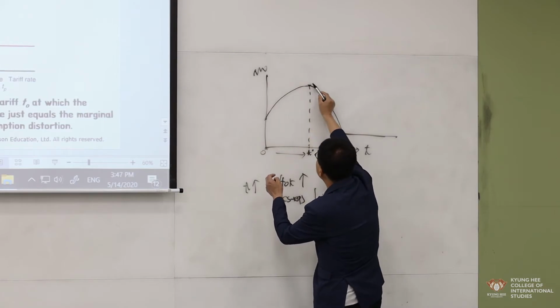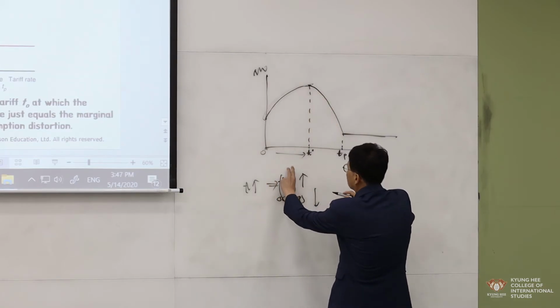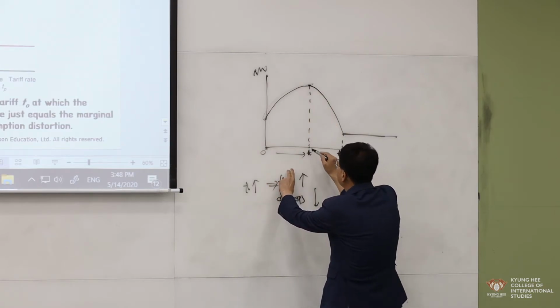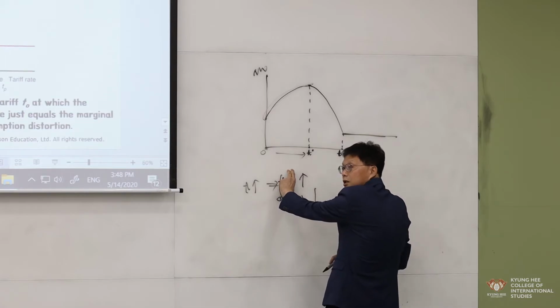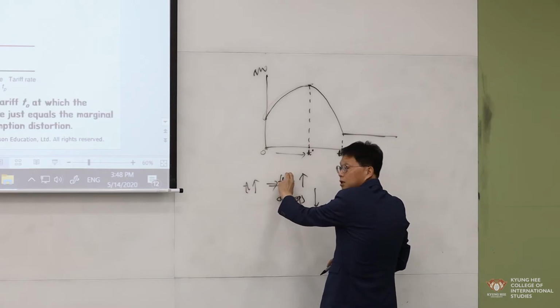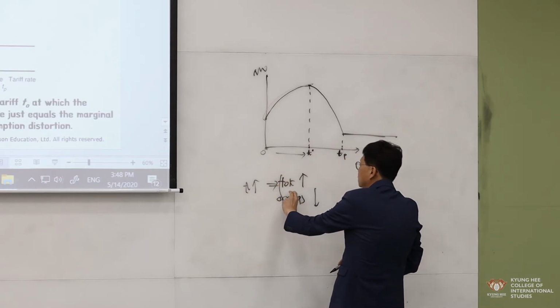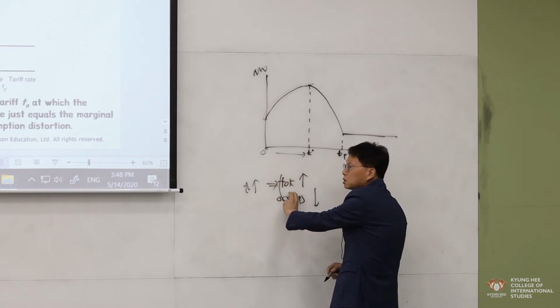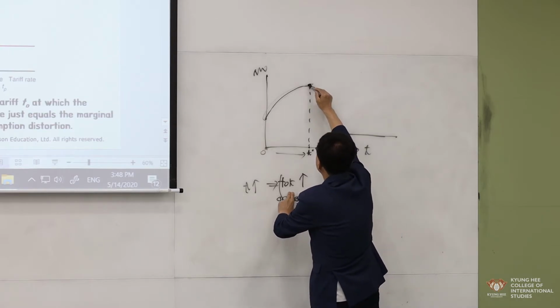So in this way, what happens? The terms of trade gain increases until reaching the optimum tariff. The increase in terms of trade gain is greater than the decrease from deadweight loss. And at this point, what happens?